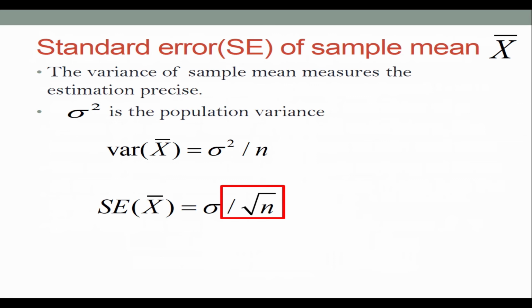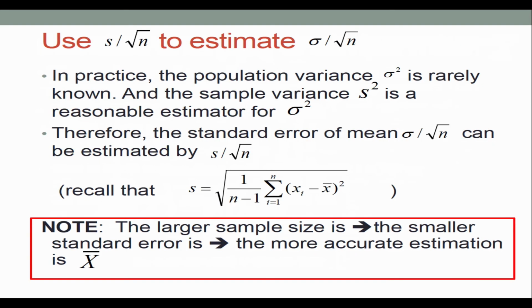So this is the standard error of the sample mean. And in that formula, you can see this is related to the population variance, sigma squared. Usually this is unknown. So when we want to use that formula, we need to replace sigma squared or sigma by the sample standard deviation, S. So the formula for S is given like that.